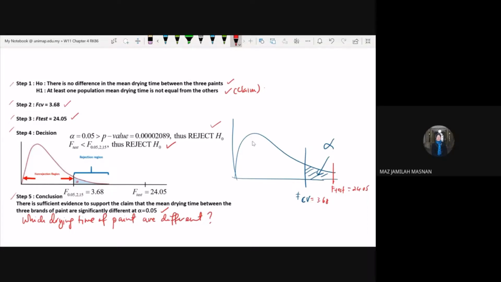Do you know, class? Yes or no? Hello? Class? Which drying time of paint are different? Do we know? How do we know?